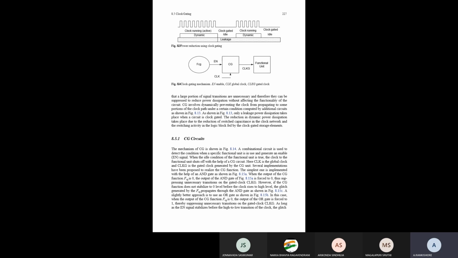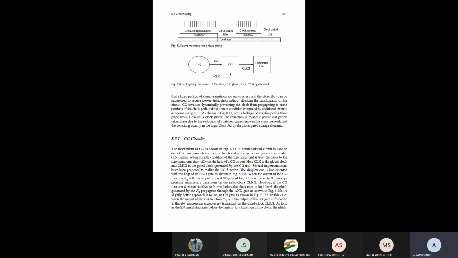Here the clock mainly has a large portion of signal transitions. These are unnecessary, and therefore they can be suppressed to reduce power dissipation without affecting the functionality of the circuit.